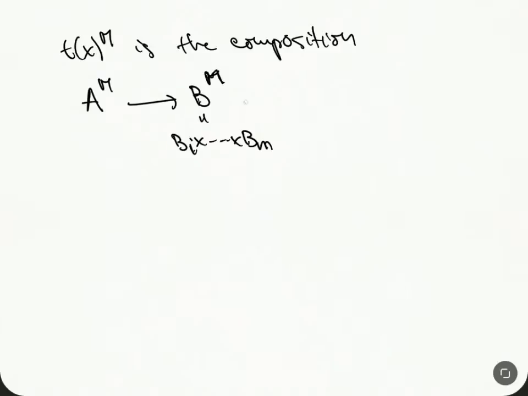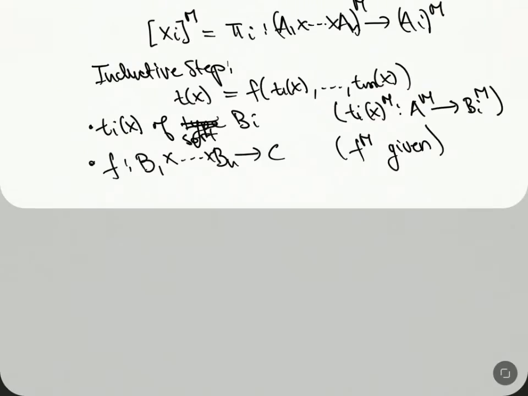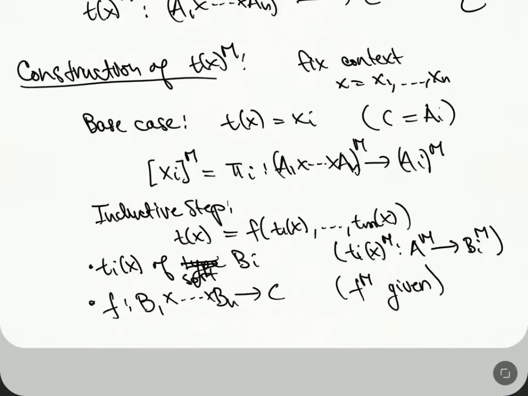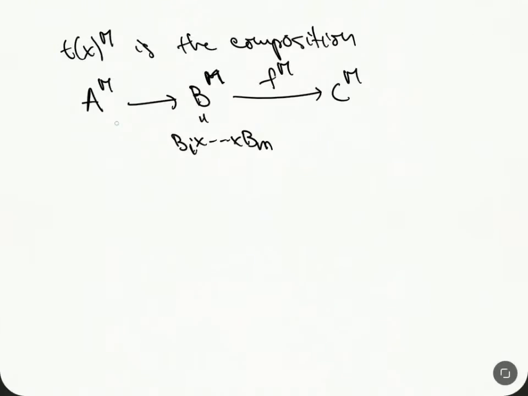And then this guy is a function symbol. These are given, fm. So the function is of this type here, and we can interpret it. This one is just the product of the ti's. I'll do that for the notation there.